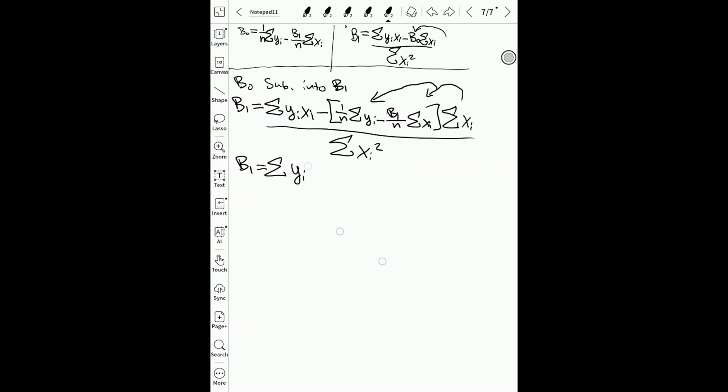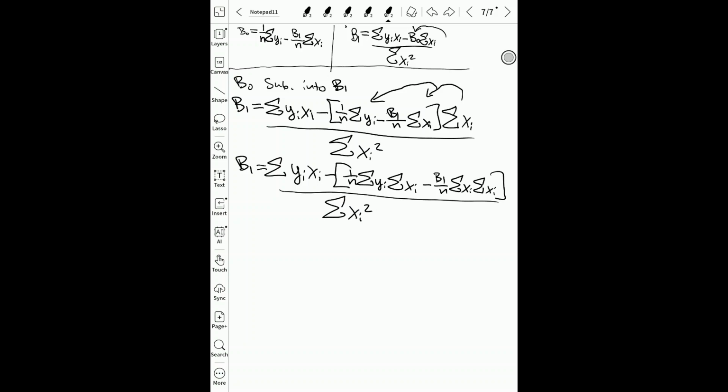So sum of yi xi minus 1 over n sum of yi, and now we've got a sum of xi, and that's going to be subtracted by beta 1 over n sum of xi, and we're going to have another sum of xi. And this whole thing is still over, nothing's changed down here, the sum of xi squared.